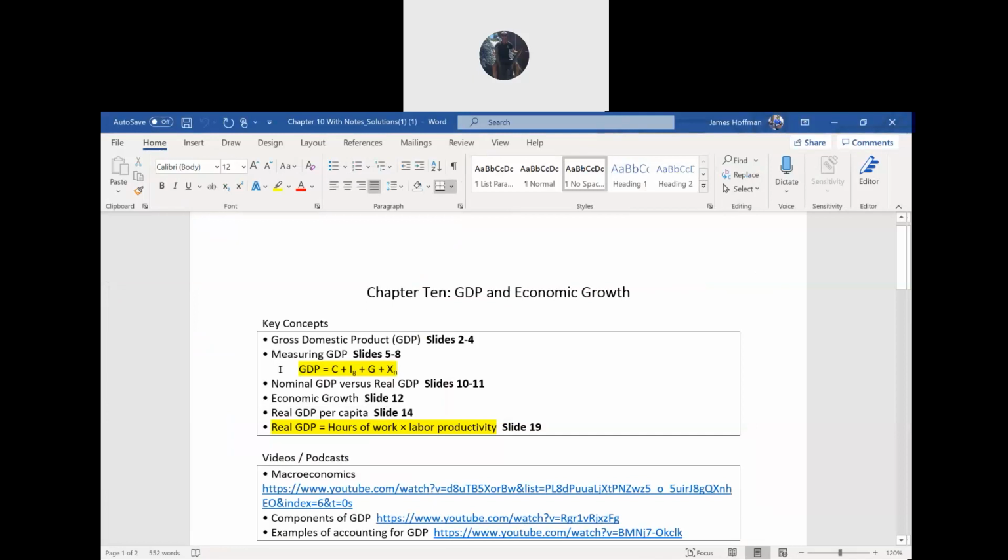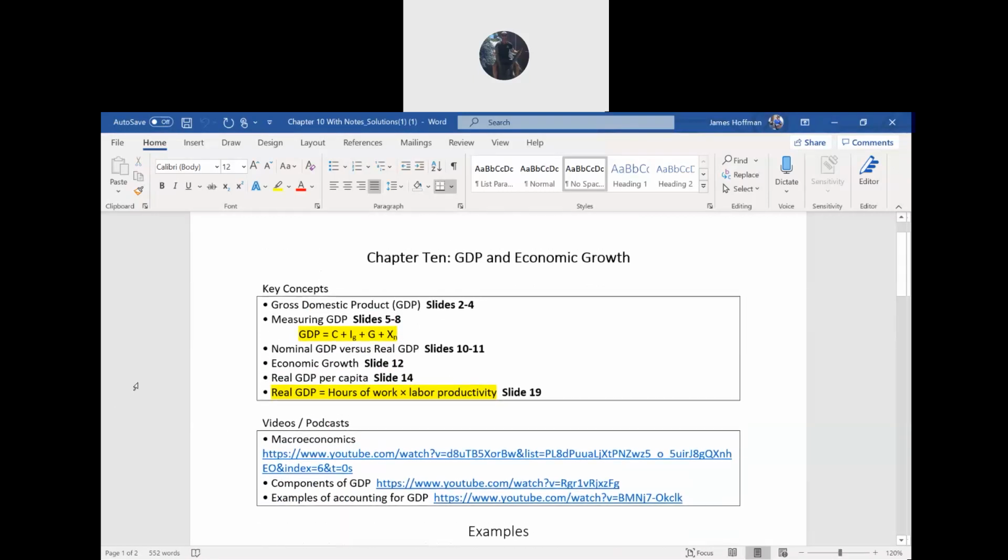Okay, and then we're going to use the expenditures approach to measure GDP, which is to sum up all four individual spending categories like this. There's another way to measure GDP, which is kind of the productivity approach.